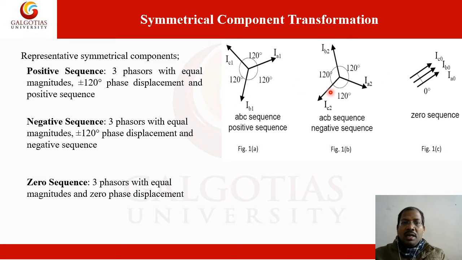Similarly, this is the negative sequence. The negative sequence has the same magnitude, and the phases differ by 120 degrees. You can see this is the form. But the rotation of this negative sequence is in the clockwise direction, while the positive sequence rotates in the anti-clockwise direction.